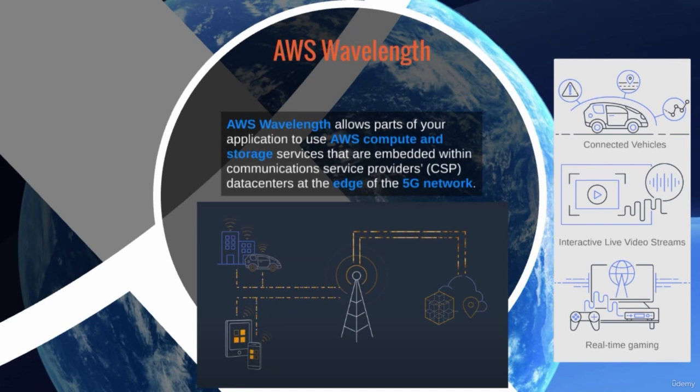This is great for connected vehicles that need low latency for environmental analysis or critical data, for interactive live video streams and live television broadcasts, and also for real-time gaming on mobile devices.